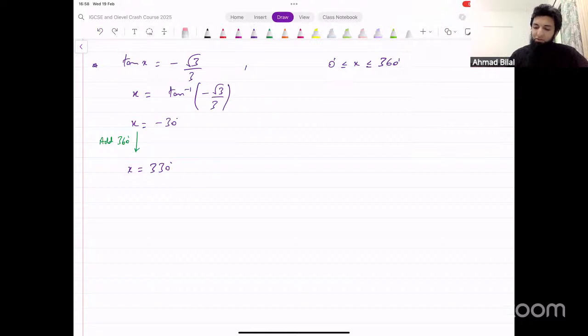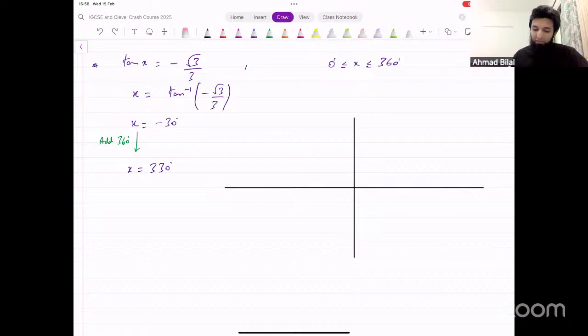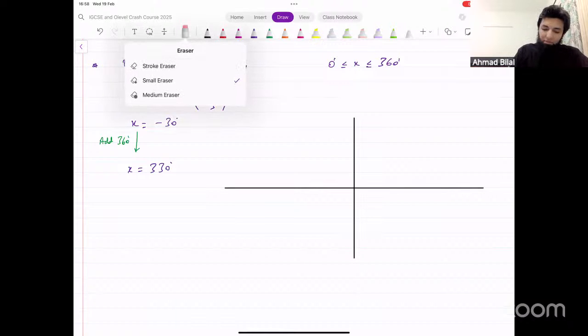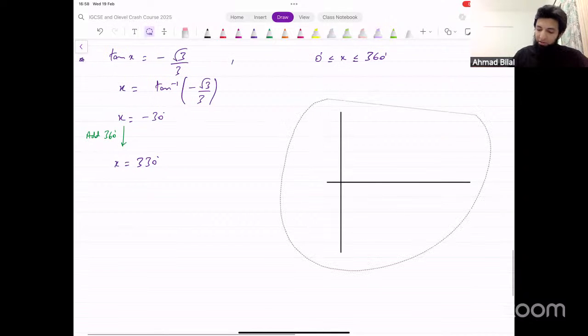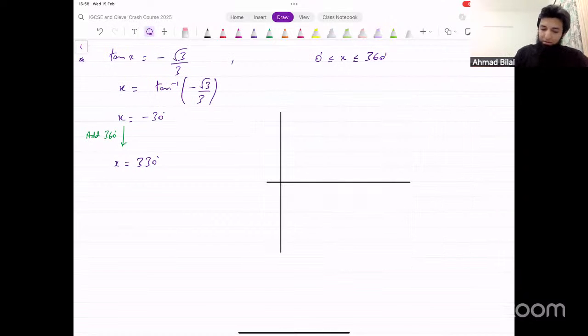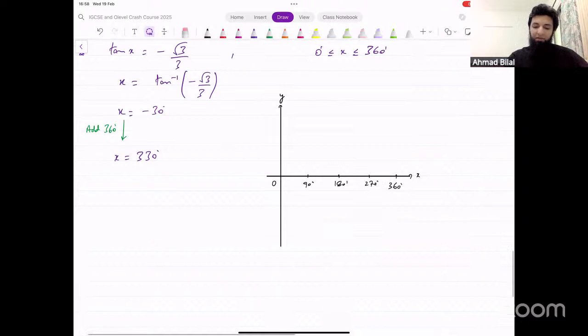For the other solution, you do a quick sketch again. For the tan function, what is the sketch going to look like? 0 to 360. This is X, this is Y. You've got 180 here, 90 here, and 270 here. At 90 and 270, it's undefined.